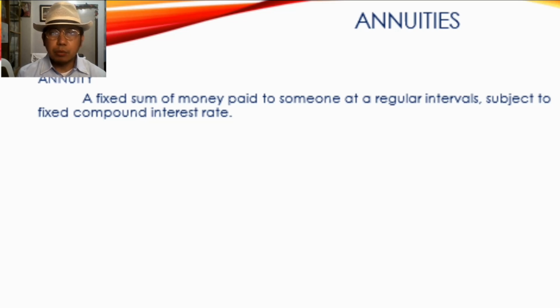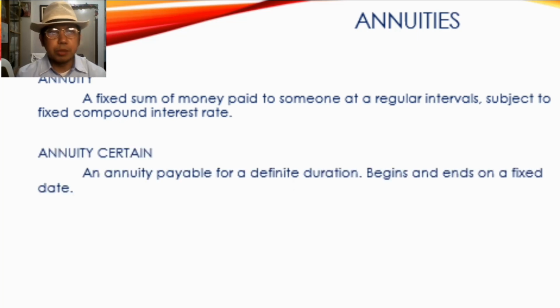So this amount is fixed and it is being paid in a regular interval or a given fixed schedule, and this amount is subject to fixed compound interest rate. So when we say annuity, it is actually a lesson under the compound interest.